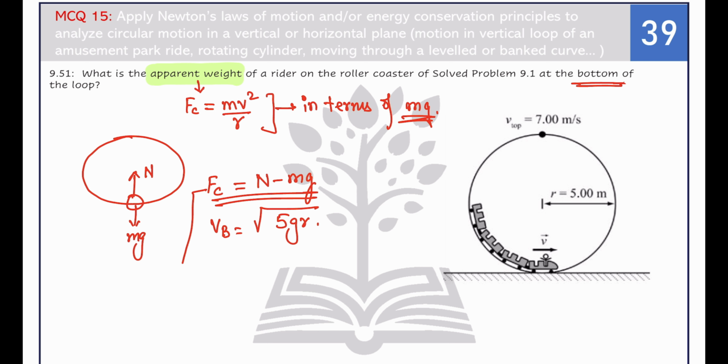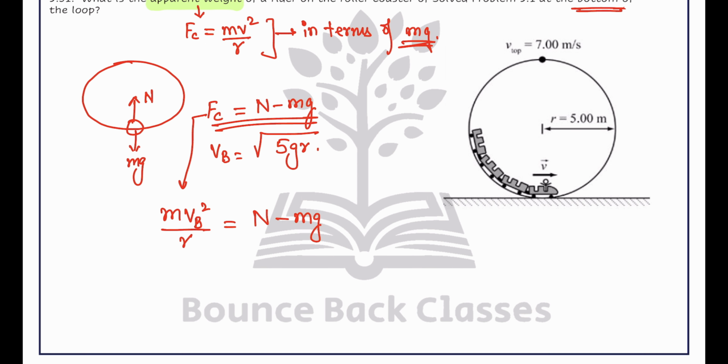So what is FC? M, velocity at bottom square divided by R, equals N minus mg. So we can find out both the values N and the FC. Okay, so solve. M, what is VB? Root 5GR square, 5GR divided by R, which is equal to N minus mg.